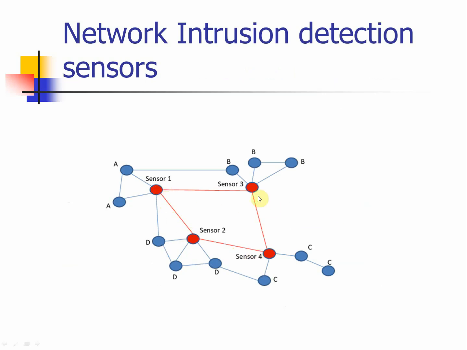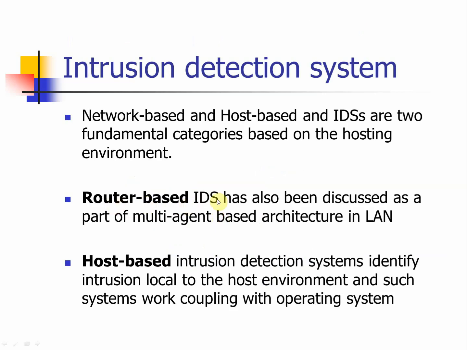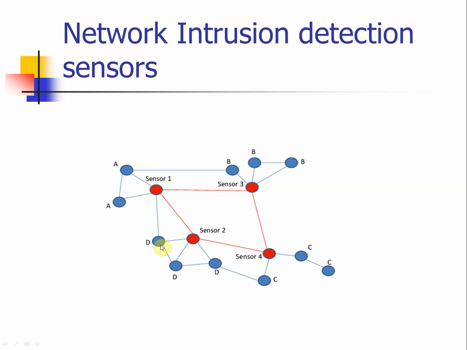If we are looking at the red dots, they are considered as the networking router-based intrusion detection system. If you are looking at the intrusion detection system on the blue dots, which are the local machines, they are considered as the second type. And therefore, these are the two major distinctions between the intrusion detection systems.